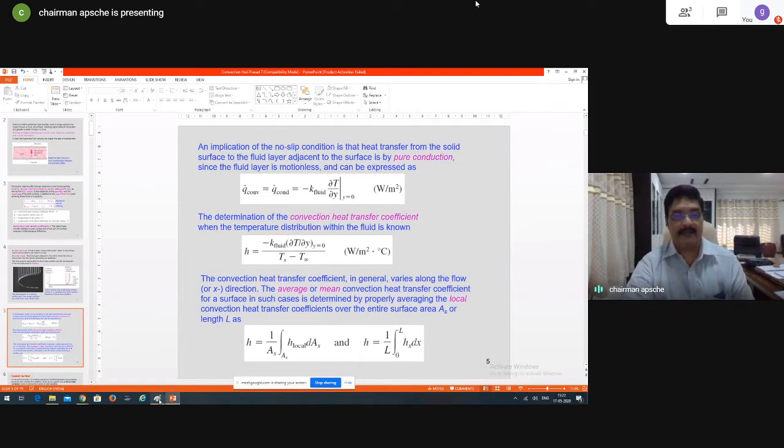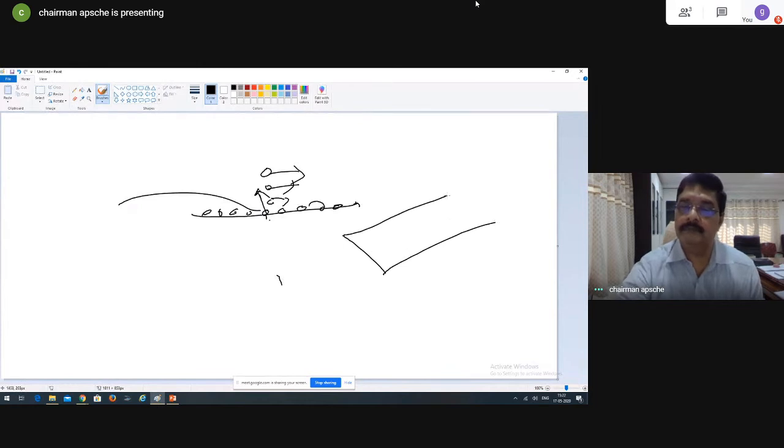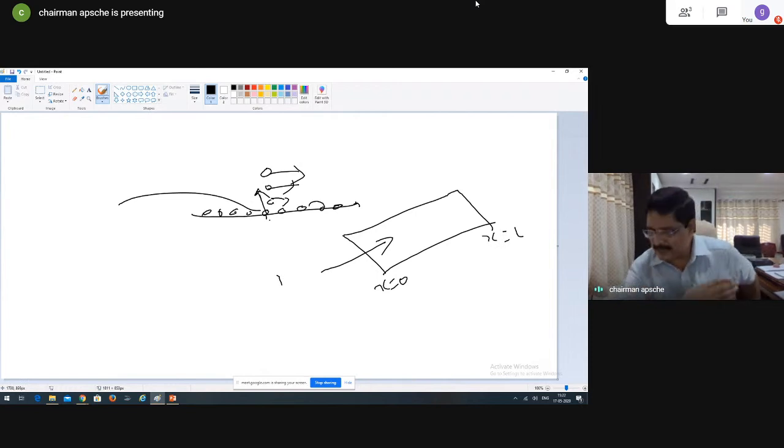Give me a minute, I'll try to draw a picture and try to explain. When there is a horizontal plate like this and a fluid is flowing, this is the leading edge where x equals 0, and this is the trailing edge where x equals L. So x equal to 0 is where the fluid first approaches the plate and it continues to flow over the plate, with all these kinds of velocity variations.